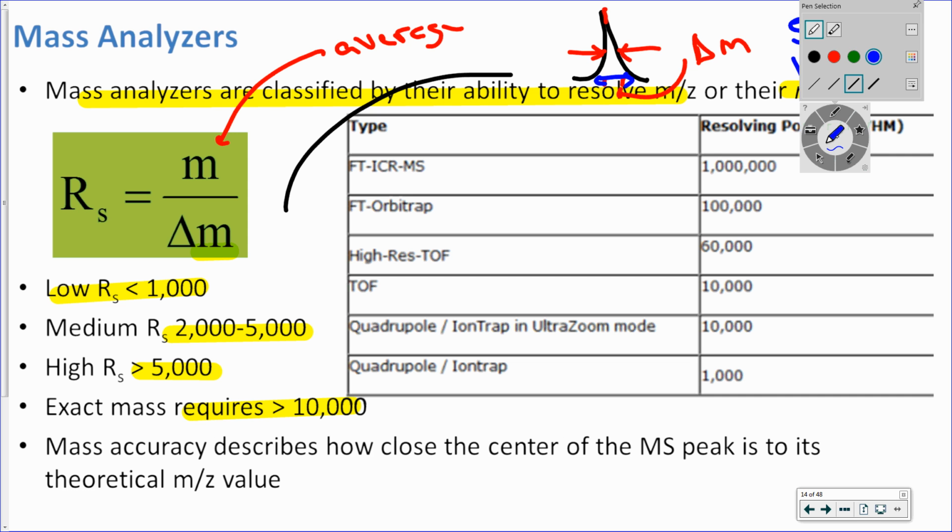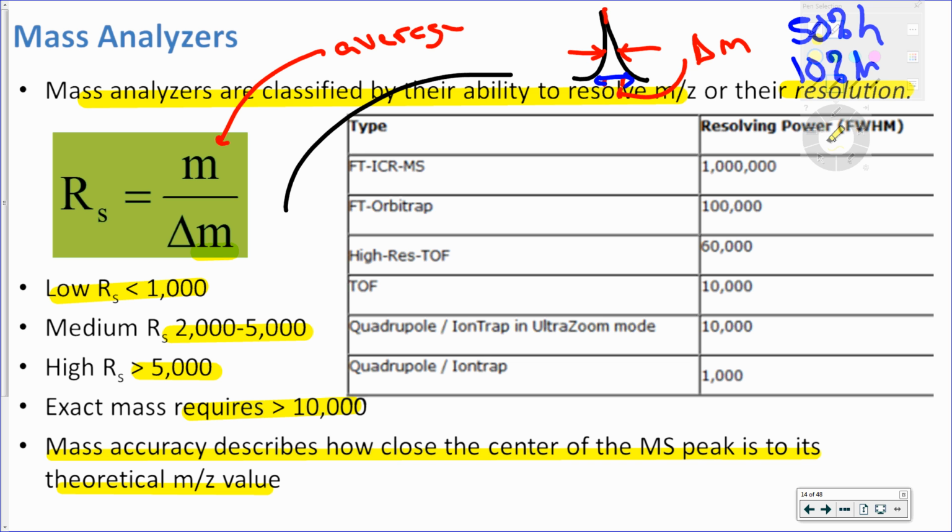Something that's just as important as resolution is the term at the bottom, and that's called mass accuracy. And that is how close you are to the center, to where the theoretical should be. So if I say this peak up here is 280.3837 m over z, how close is that to true?